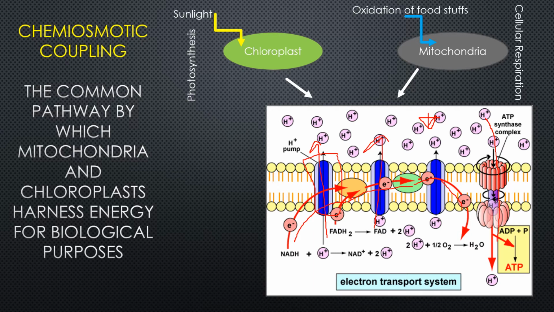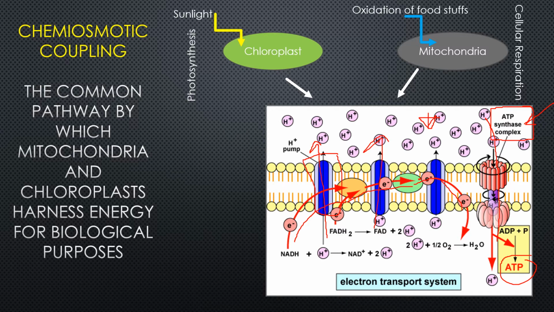And that's done by several different types of machinery, but the main one is our ATP synthase complex. And so just as most enzymes are named for the processes that they do, ATP synthase drives the synthesis of ATP molecules.